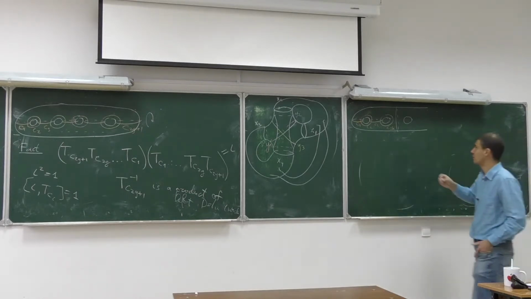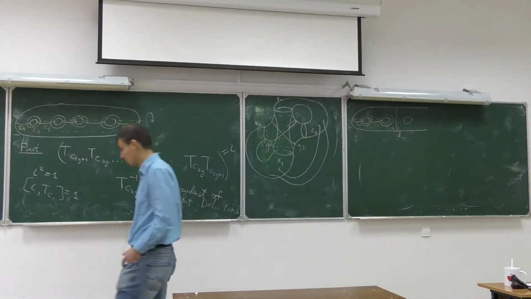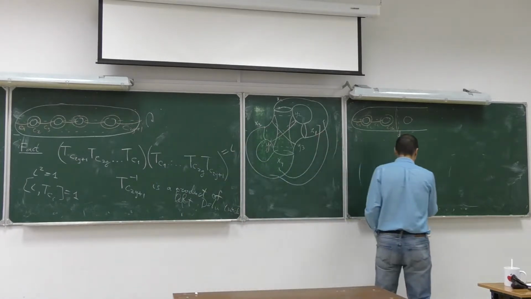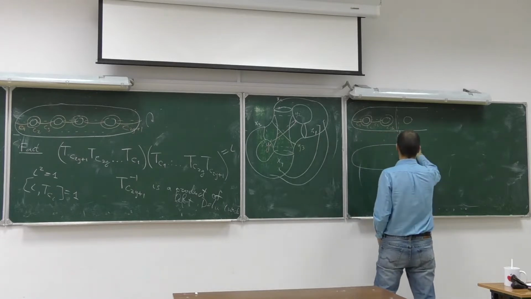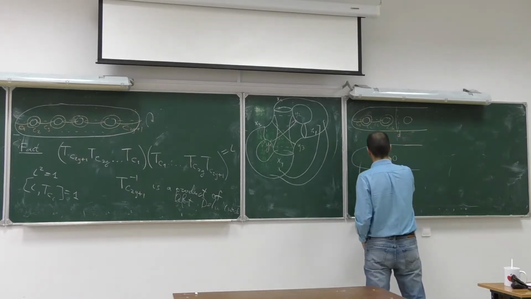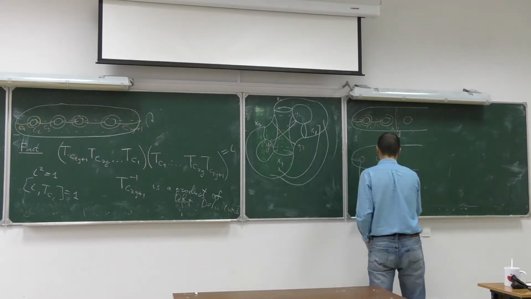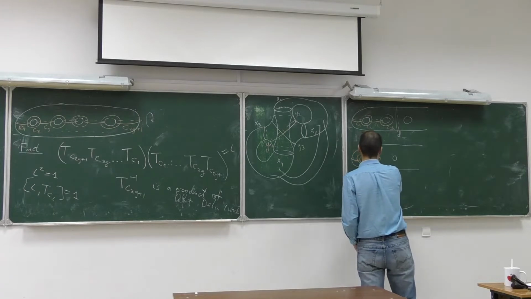So let it be D. Up to isotopy, we get this particular curve. And another situation is when we have an odd number of curves in the chain.